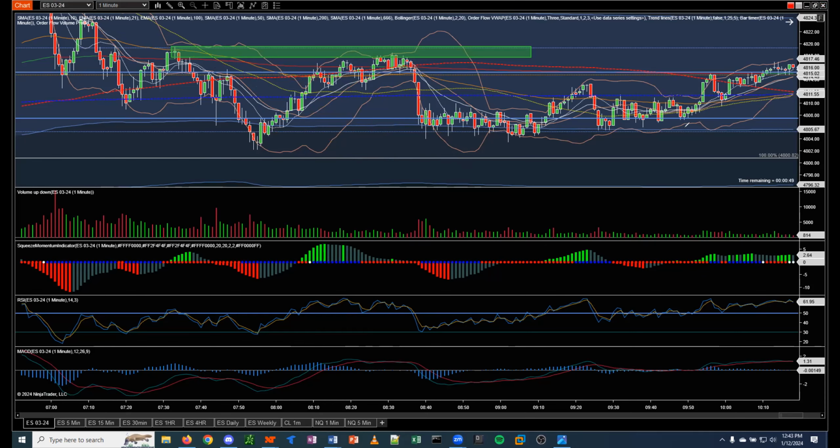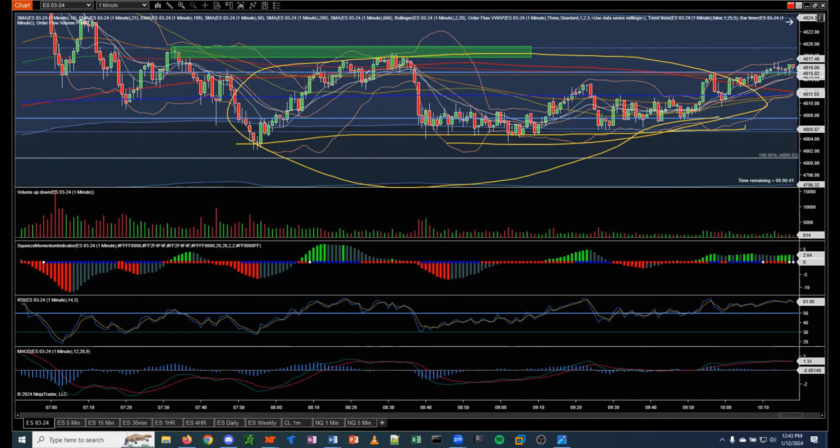And this is really choppy because it's all indecision, right? It's all here, stuck in the range from here to here. So if you're using just the moving averages, you're like, well, where do I get in? And what do I target?